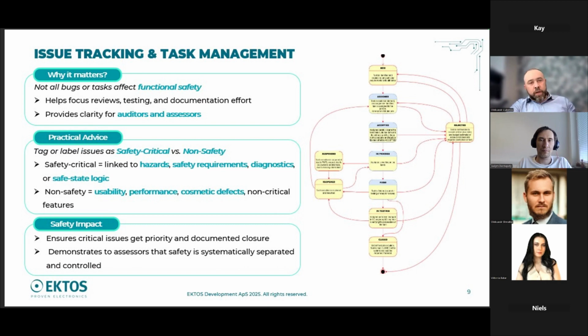And how does it impact safety? Well, first of all, it helps us to play with the priorities and document that when we fix something, it has been fixed, the task has been done, and efforts are spent, so we can measure our velocity. And then we also demonstrate to the assessors that we actually do have a live process behind the product development. That's why I really wanted to concentrate on issue tracking and task management in the first place.